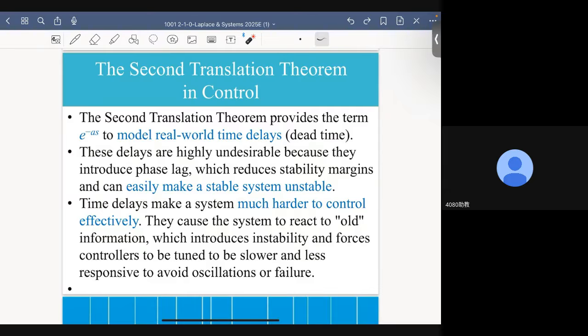It's not that your control commands are not good enough. It's because your control command cannot be put in place in time. And that creates instability.